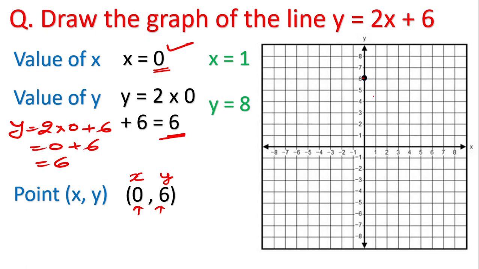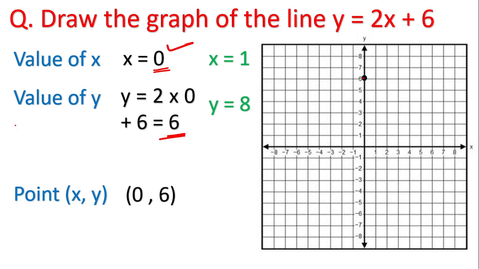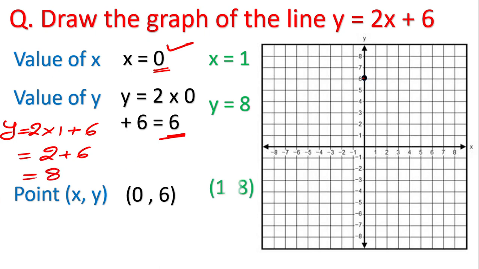I am calculating here for you so that you can get the answer easily. This is y = 2 multiplied by 1 + 6, meaning 2 + 6, and 2 + 6 is equal to 8. So what will be the point? The point will be (1, 8), because the value of x is 1 and the value of y is 8. Now you just plot this point also.